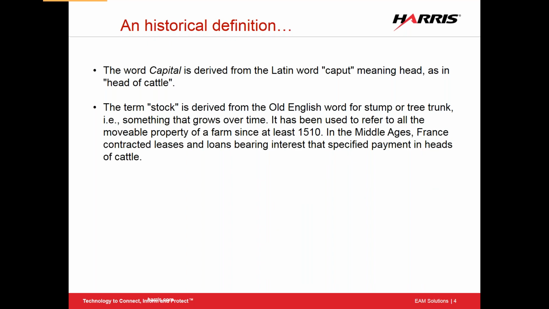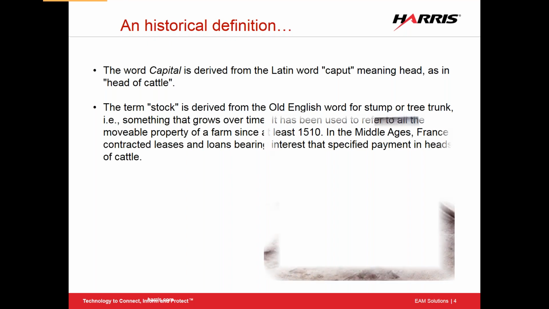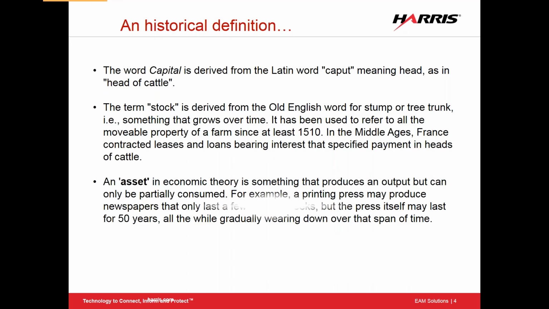Since the Middle Ages, these terms have been used for basic commerce and business. So in France, for example, heads of cattle were used in place of cash, as we know today. An asset in economic theory is something that produces an output, but it's only partially consumed.